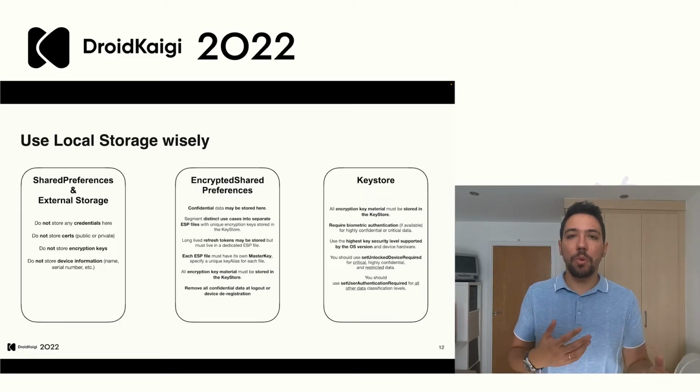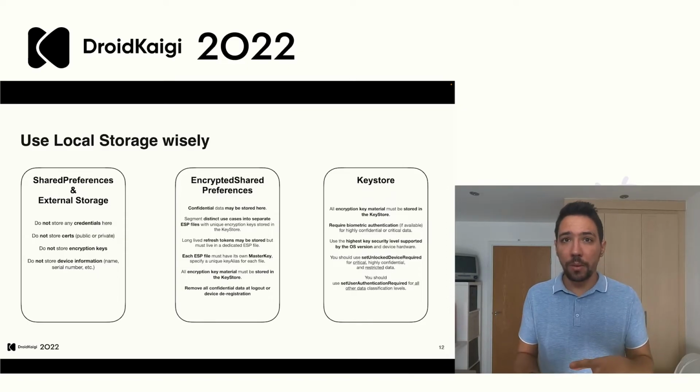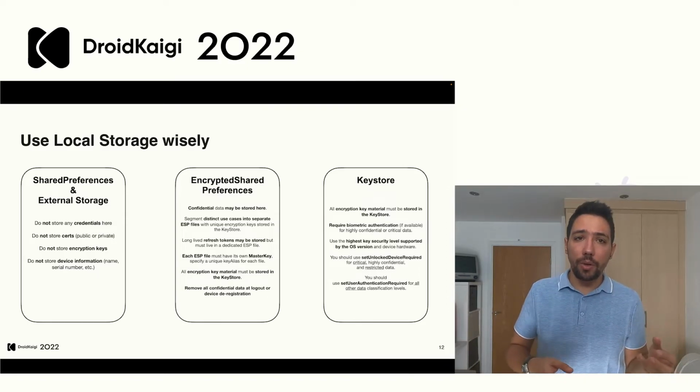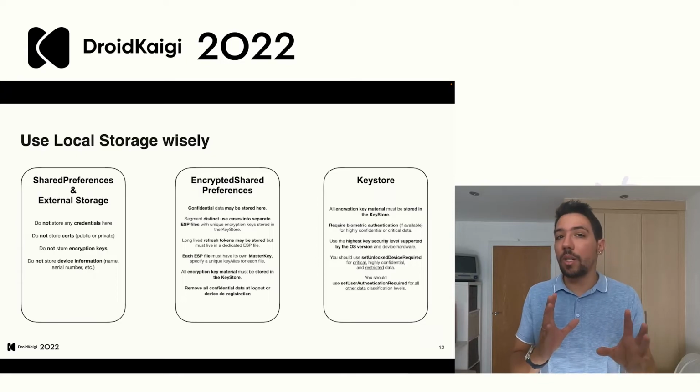And of course, we should speak about the key store. The key store is a place within the Android application where all of the encryption key materials should be stored. Access to the key store is given to us by the Google operating system.